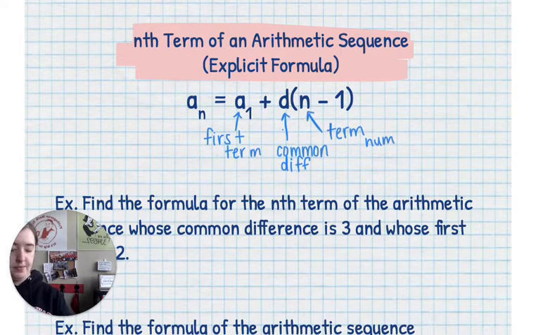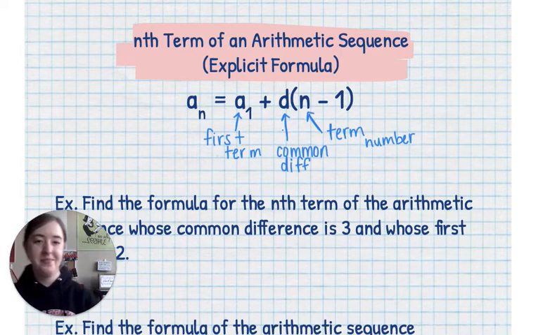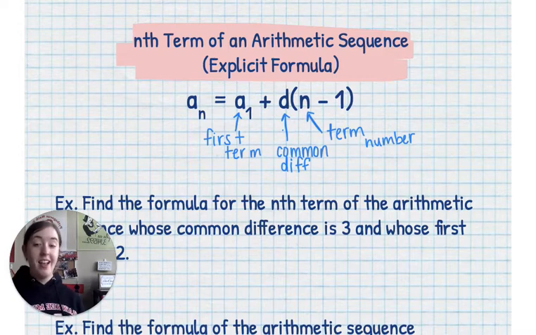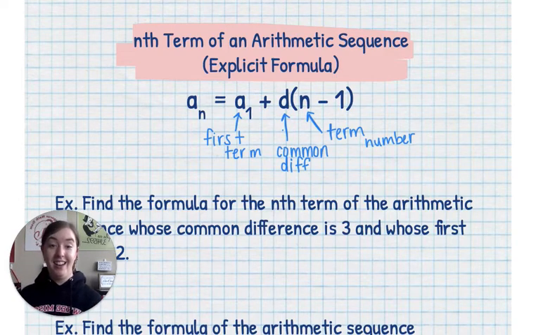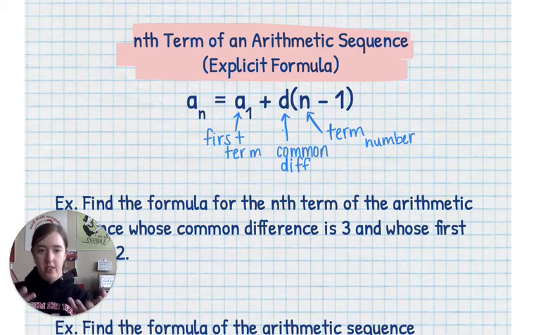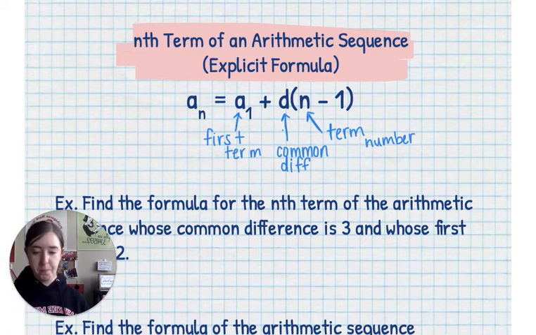Good deal. Now, in your IB kiddos, when you have your IB formula booklet, this is in there. I think they might use u's instead of a's, but it's pretty much the same thing.